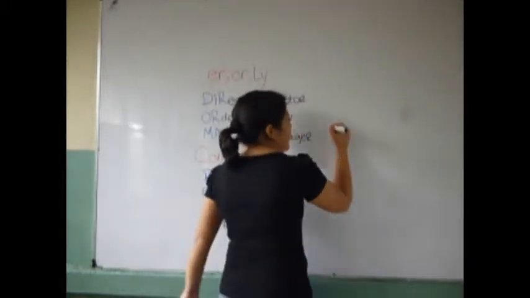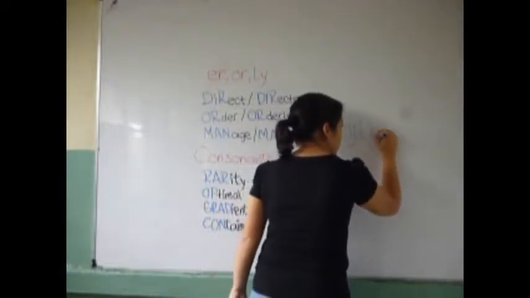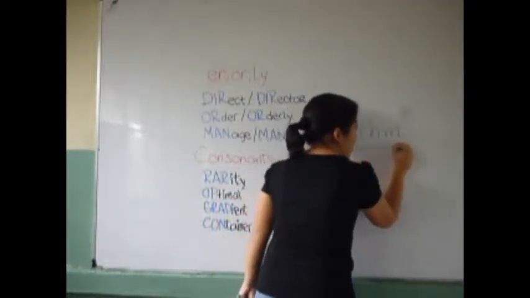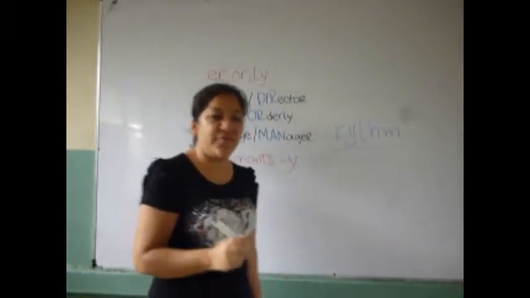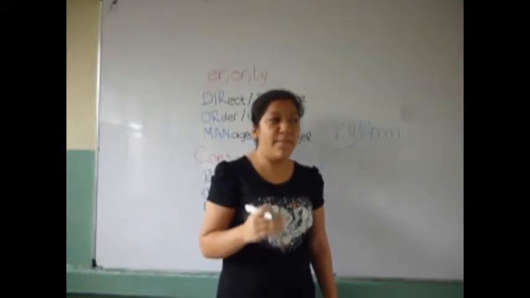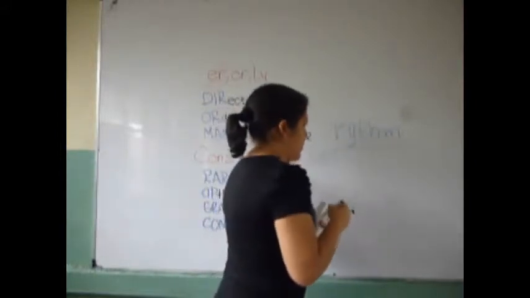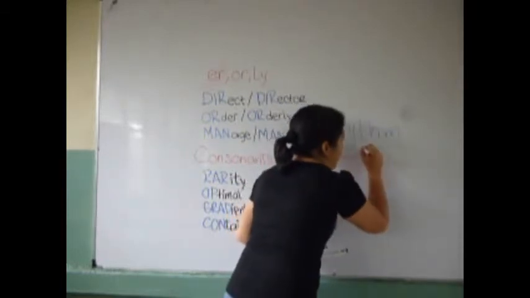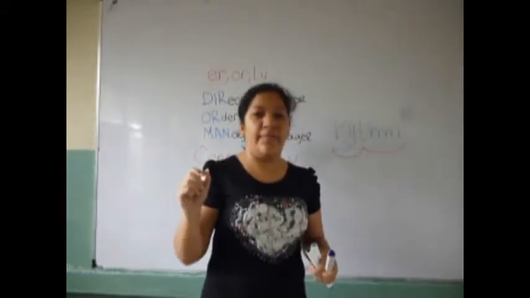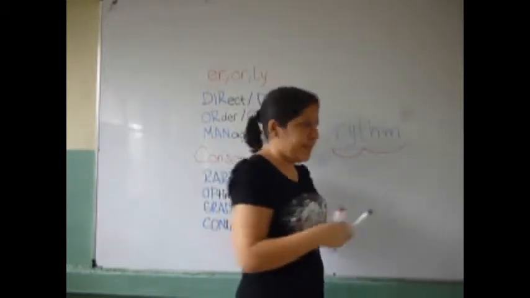We have rhythm. Rhythm is a word that doesn't have any vowel, but there are 2 syllables. Rhythm, because there is a vowel sound in each syllable.